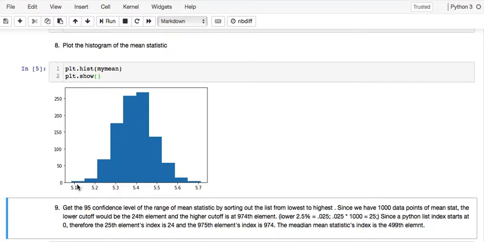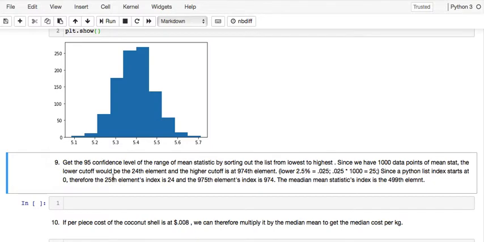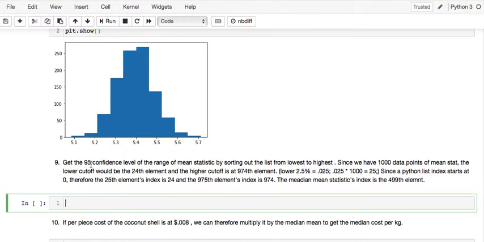So the mean ranges from 5.1 to 5.7, so we can use this to estimate the true population mean with confidence. First, get the 95% confidence level of the range of the mean statistic, and sort it from lowest to highest.